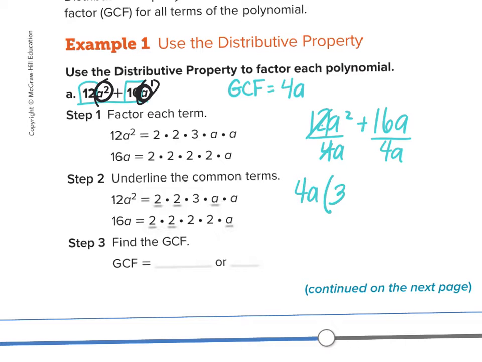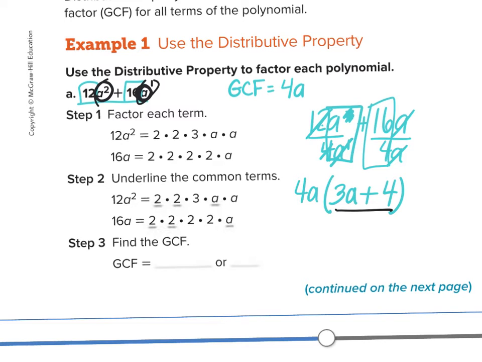And then a squared divided by a to the first. When you divide with exponents, you actually subtract them, and that leaves me with just a, or you can think the bottom cancels and it cancels the 2. And then 16 divided by 4 is 4, and the a's would cancel. A lot of times things will cancel out, so that's going to be the quickest way to see and mark those out.